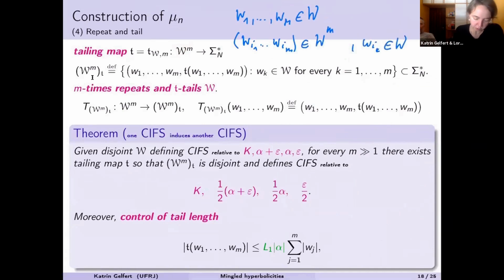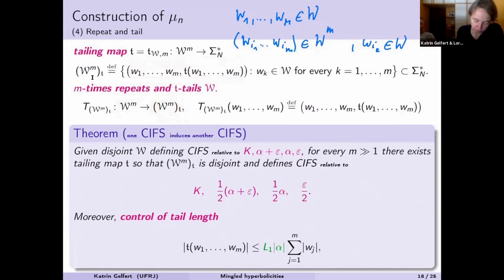And now I will take those concatenated words and add a tail. And this will give me a new family of words. So for each finite concatenation of words, I add a certain tail which depends on these words. Okay, so I start from one family of words and get a new family of words by adding those tails.